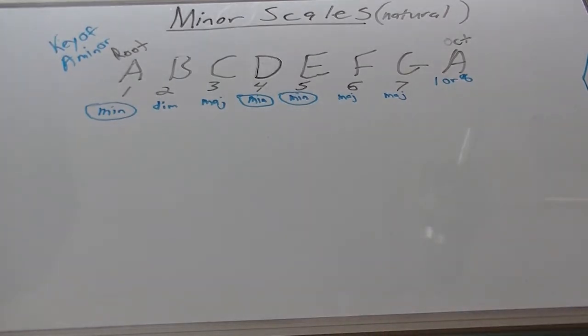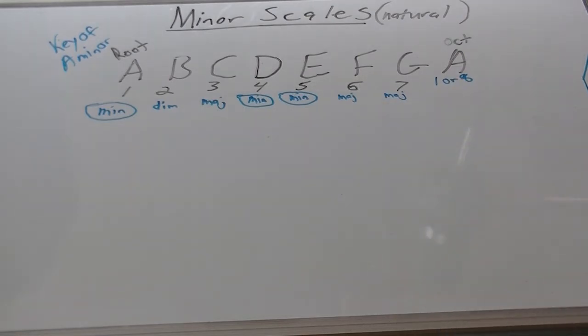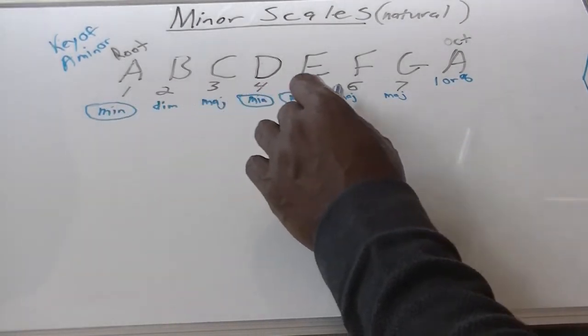So as you can see, we have three minor chords, 3 major chords, and we have a diminished chord. And this is sort of the same as when we're dealing with a major key, but the difference is the chords are in different places as far as the numbers are concerned.